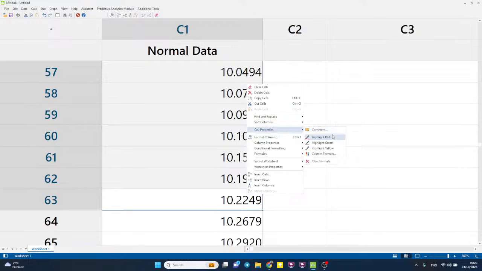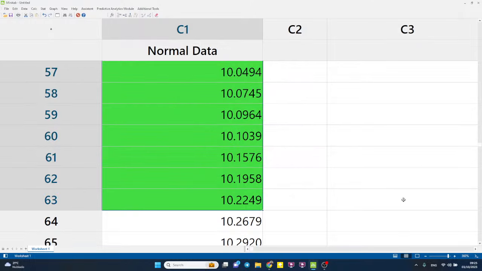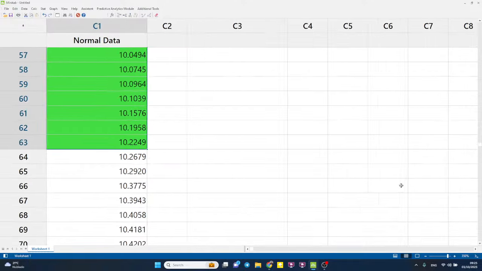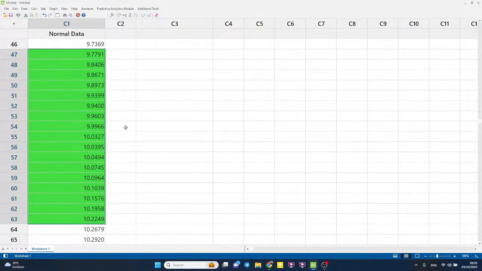So I can come here, and I don't know if this is the same green that I have used. Once again, 1, 2, 3, 4, 5, 6, 7, 8, 9, 10, 11, 12, 13, 14, 15, 16, 17.